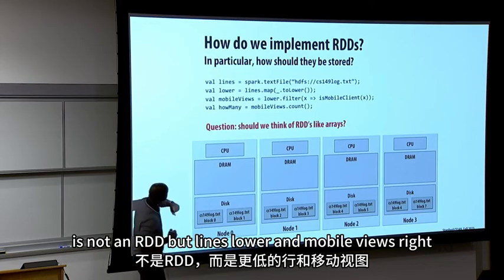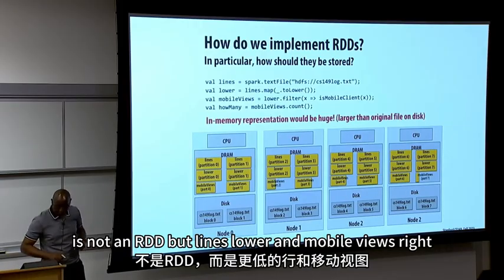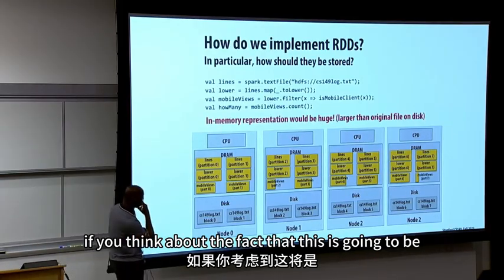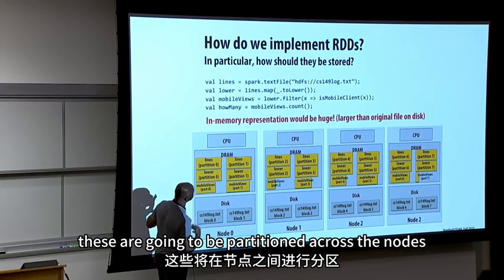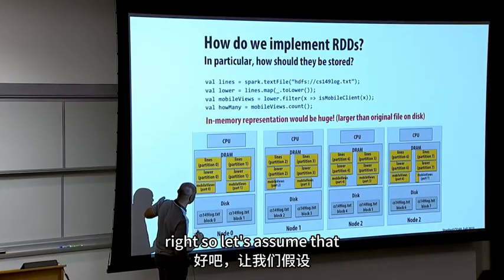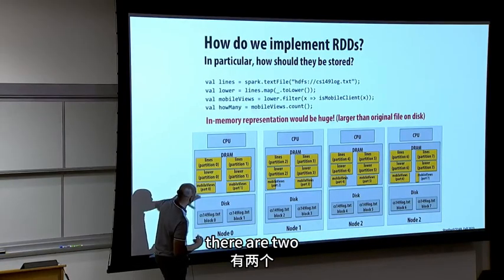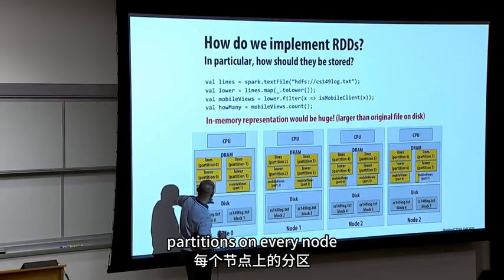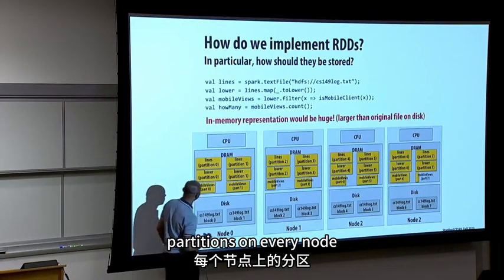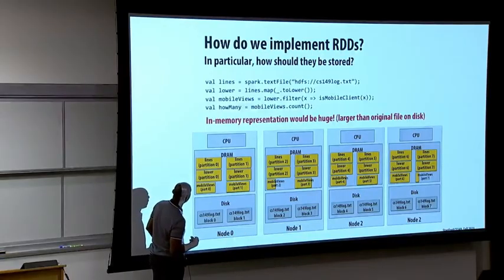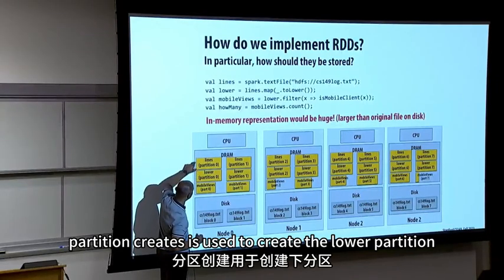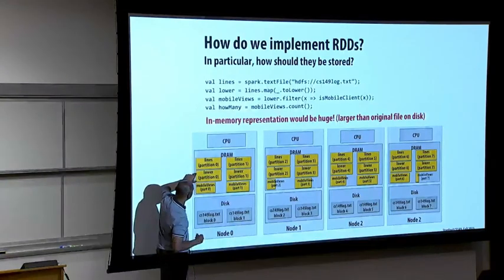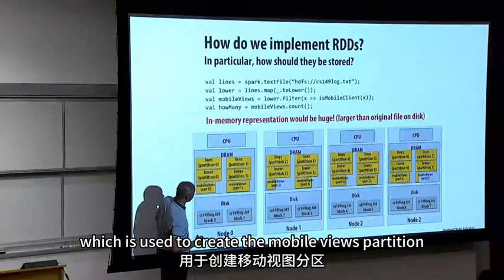These are going to be partitioned across the nodes, so let's assume that there are two partitions on every node. The lines partition is used to create the lower partition, which is used to create the mobile views partition.